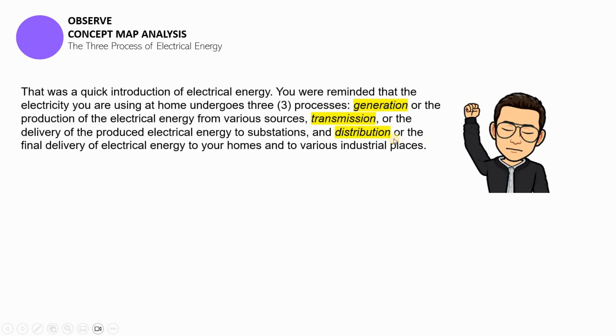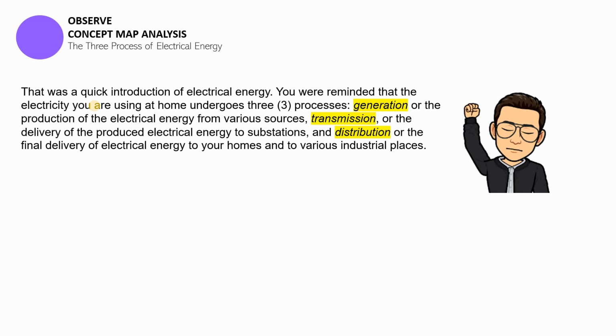All right. Now, you were reminded in that activity earlier that the electricity we are all using at our homes actually undergoes several processes, three to be exact. The generation or production of the electrical energy from various sources is the first step.